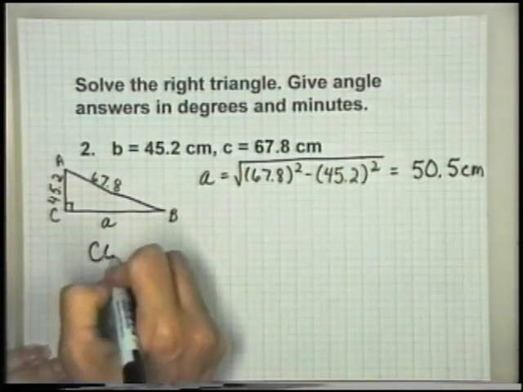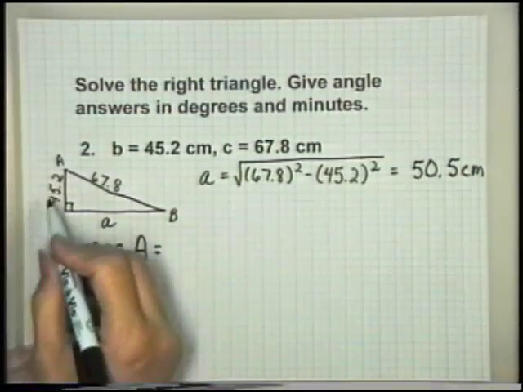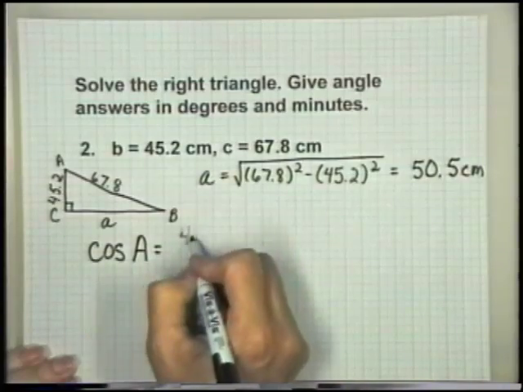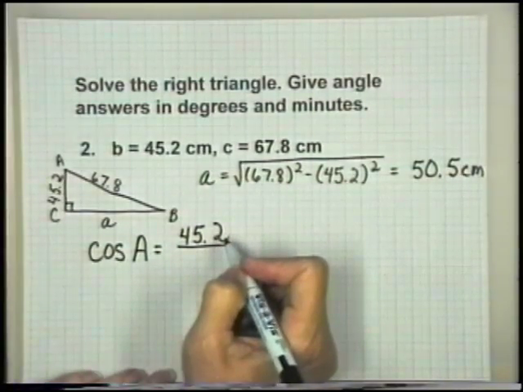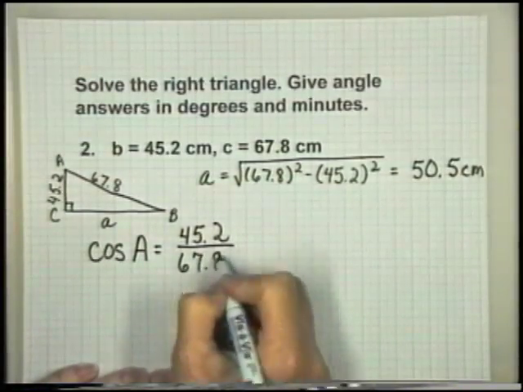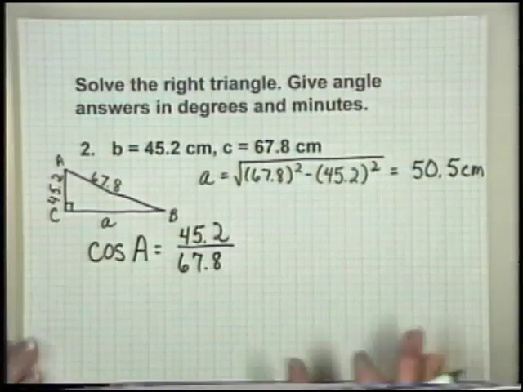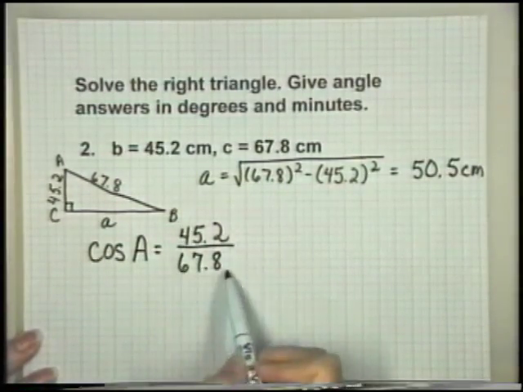To find angle A, we will set up the equation cosine of angle A equals the adjacent, 45.2, the length of the adjacent leg, divided by the length of the hypotenuse, which is 67.8.